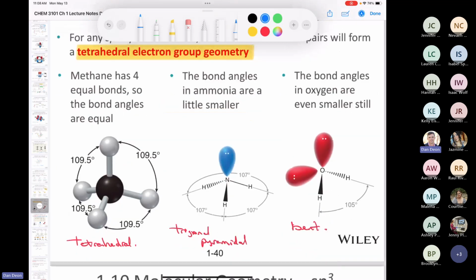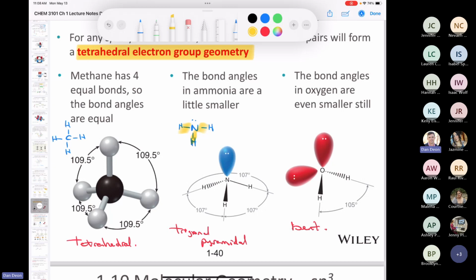The carbon in methane, CH4, has 4 bonds. Therefore, it's tetrahedral. So if you're saying, well, that means that this molecule has the same molecular geometry and the same electron geometry. Yes, it does. If you look at ammonia, NH3, its electron geometry is tetrahedral, but its molecular geometry only considers the bonds.